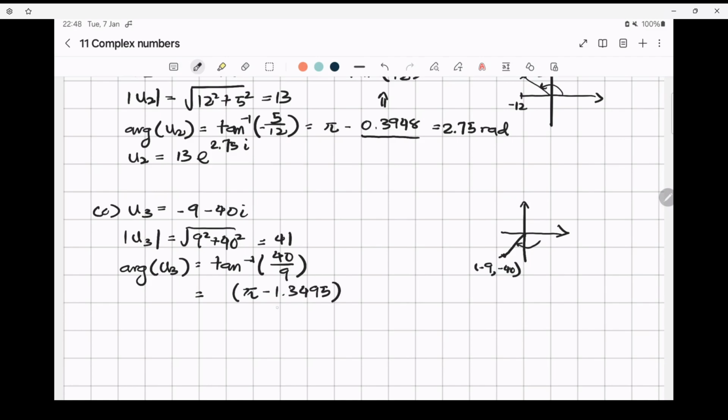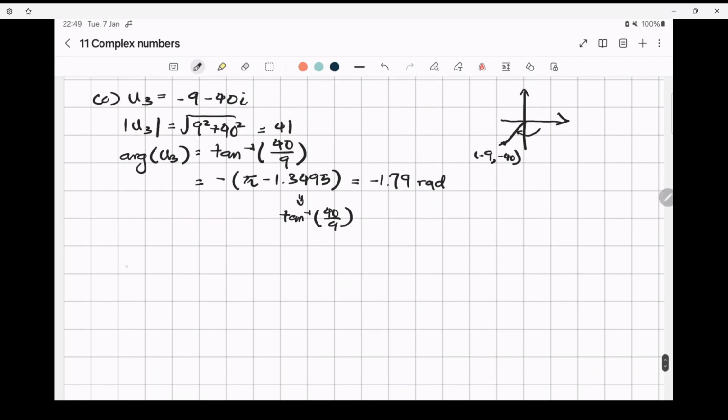So this value is the inverse tangent of 40 divided by 9. But since you are turning clockwise, you need to put a minus sign. So the final answer will be minus 1.79 radian. So then your U3 would be 41 e^(-1.79i).